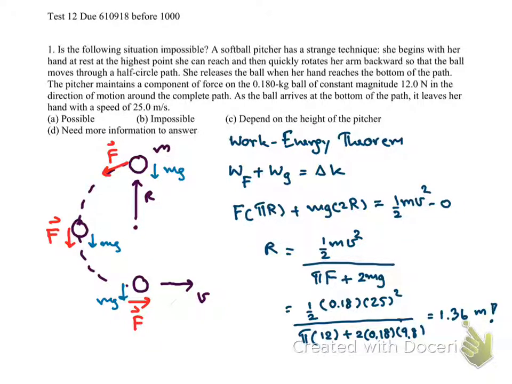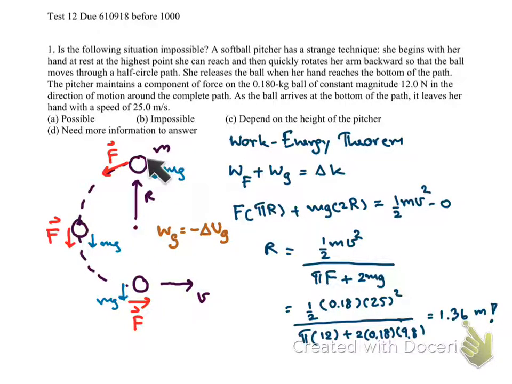The work done by gravity, we can calculate this value in several ways. The easiest way is that we know that the work done by gravity is equal to minus the change of the gravitational potential.